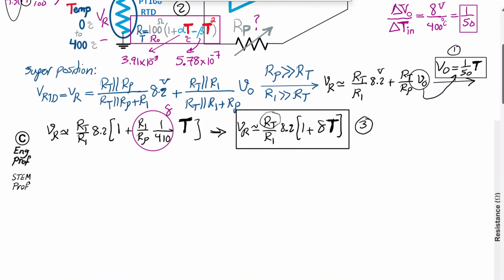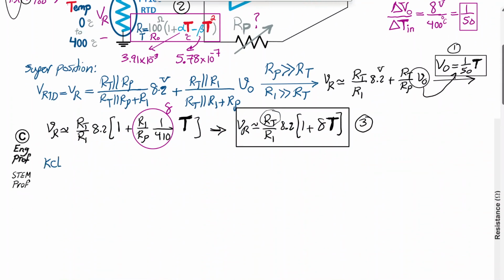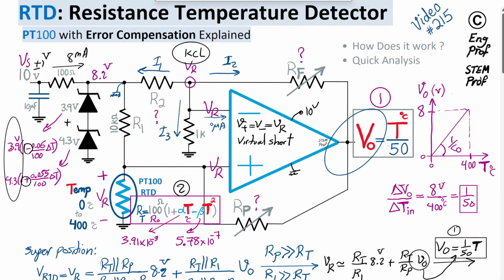Okay, so I'm going to write KCL now. So KCL at the negative or inverting input terminal of the op-amp. That means I1 plus I2 plus I3 should be 0. The sum of the 3 outgoing currents should be 0 as shown here.